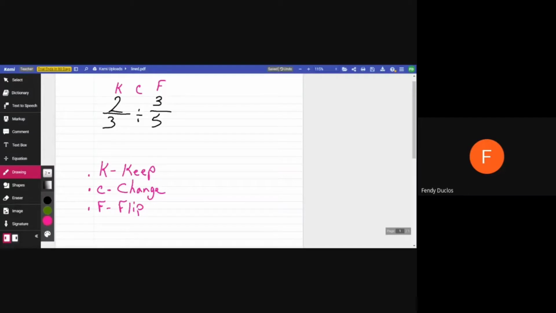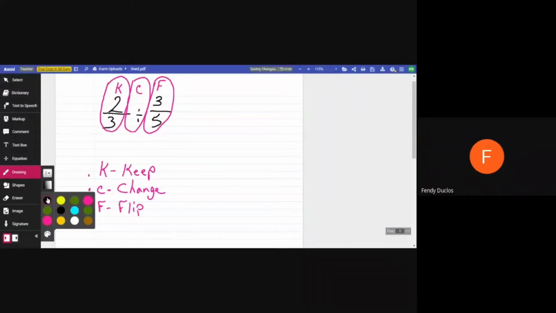So now we're going to go back into this problem and we're going to just kind of cluster this. Go ahead and do this on your paper as well, so you understand exactly where each step goes.